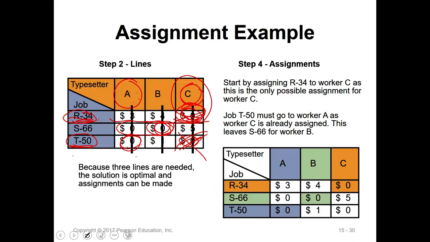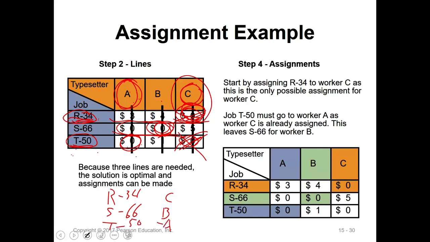So B is the leftover, and B can go with A or B, but because we already matched A with T50, now B should be with S66. So in the end, R34 is C, S66 is B, and T50 is A.